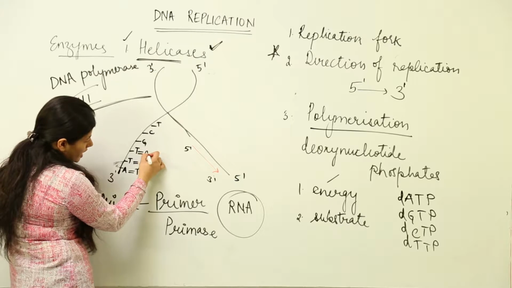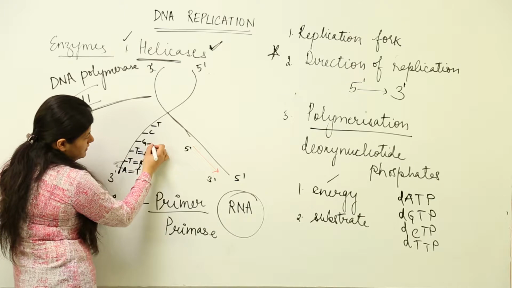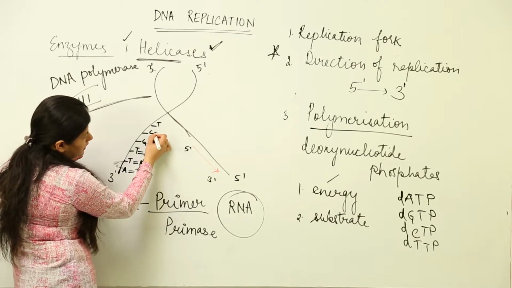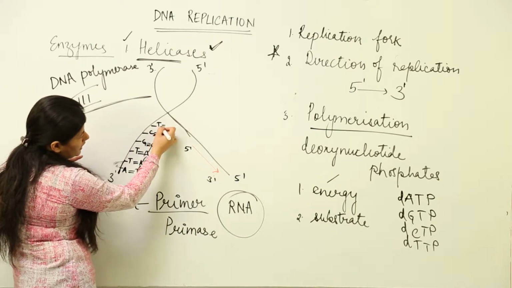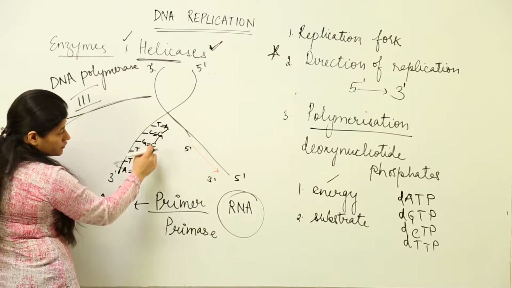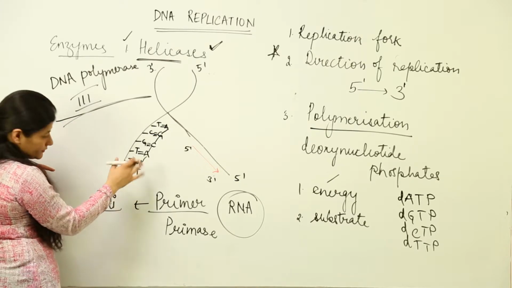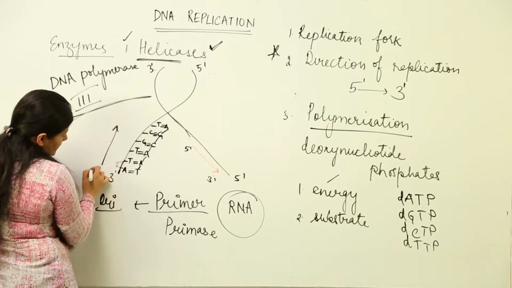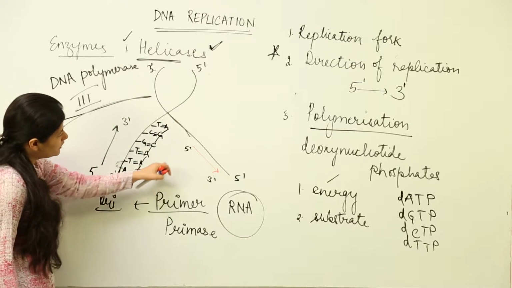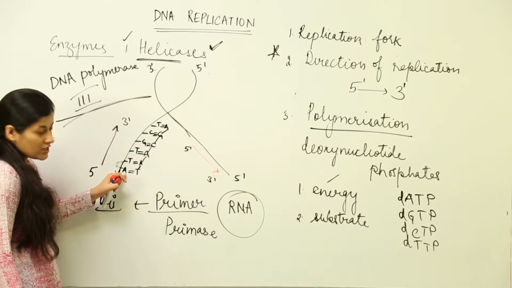Then next, again it would bring A, it would form the bonds, then it would bring C, then it would form the bonds, and in this way, as you can see, the chain is extending forward and a complementary strand is being formed, which would be complementary to this, and certainly we are getting one strand of DNA being formed. This direction is certainly in accord with the direction that DNA polymerase follows. So we have a new strand, the new one that is being synthesized, completely complementary to the previous one.